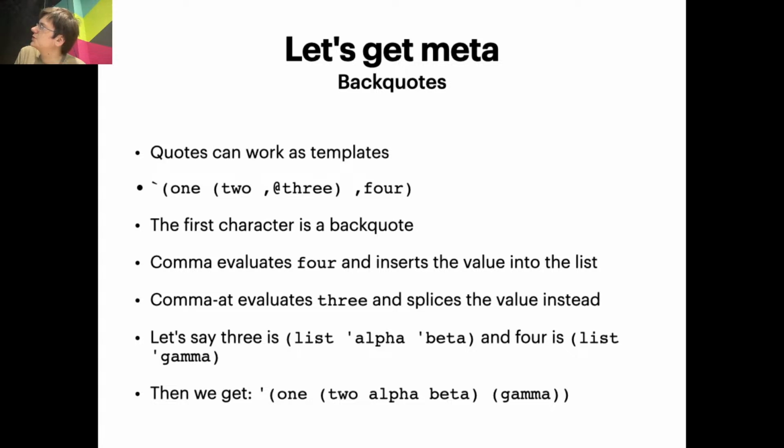Let's say we assigned this list of 2 symbols, alpha and beta, to 3, and to 4 we assigned the list that consists of a single symbol, gamma.